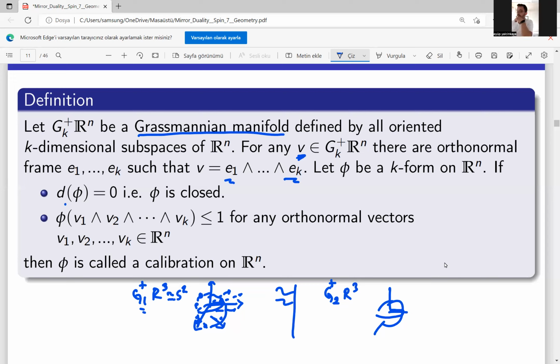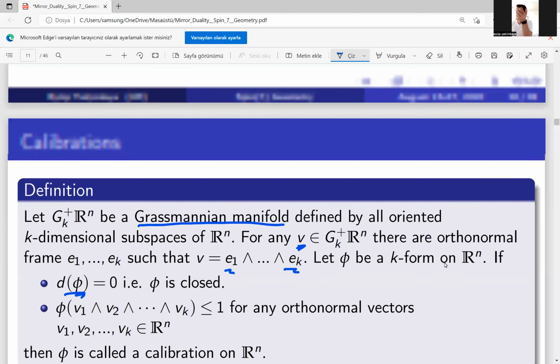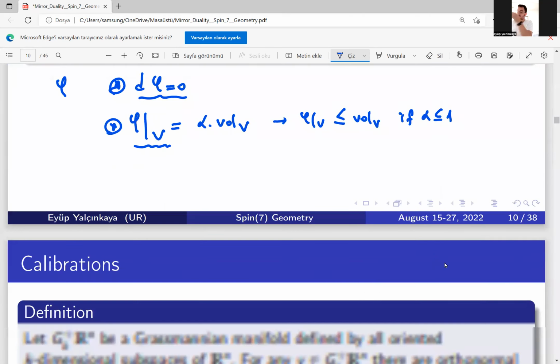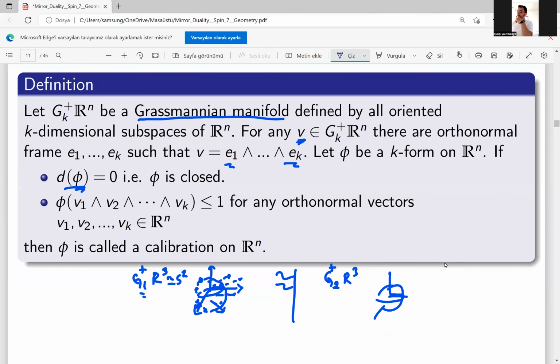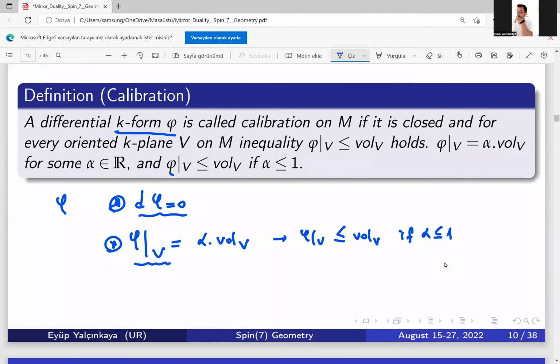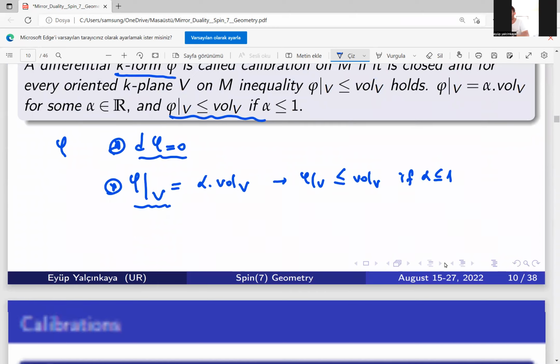If d phi is 0, this means that phi is closed, and phi of v1 to vk is smaller than or equal to 1. This is another definition of a calibrated manifold here. So the same as this picture, okay? This definition, same idea.